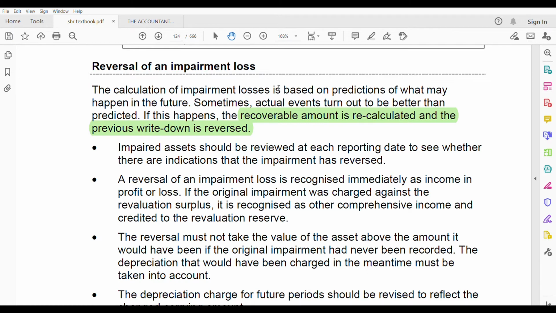But today you have recognized an impairment loss. Let's say after 3 years, the value of an asset actually went up. Conditions improved, it didn't go down. So now that impairment loss, which you recognized 3 years before, is reversed now because there's no impairment loss now. So recoverable amount you again need to recalculate after 3 years.